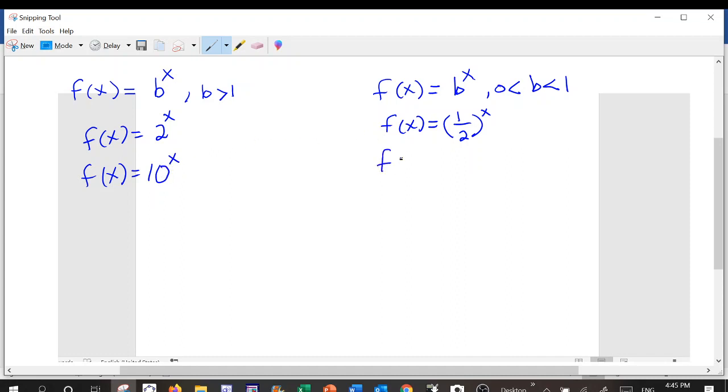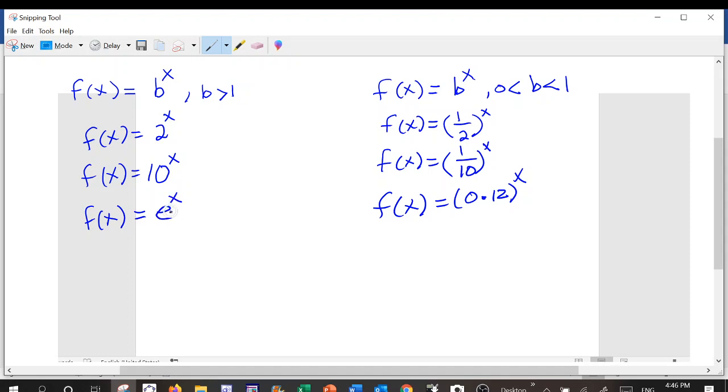And this one doesn't have a celebrity member: maybe 1/10 to the x, or maybe 0.12 to the x. All of these are exponential functions. Another celebrity member here is the number e. I'm going to talk about the number e, but for now, e is 2.718, an irrational number, but that's a famous base, okay? So these are exponential functions.